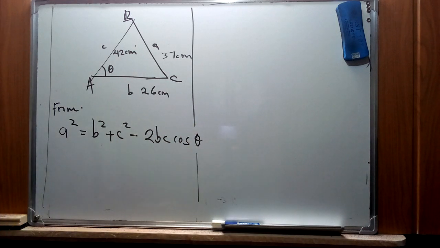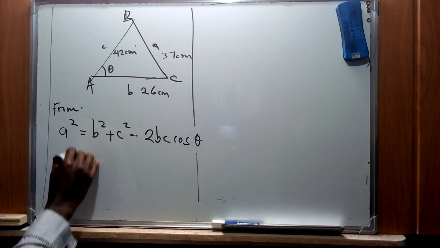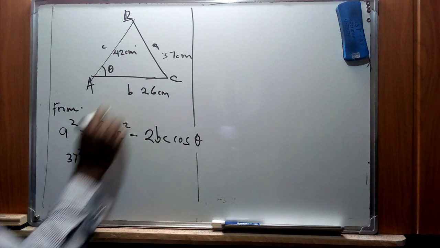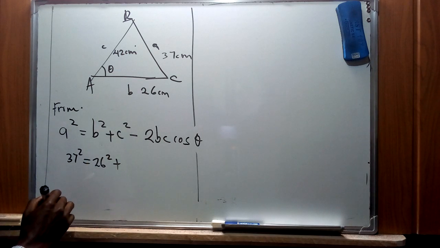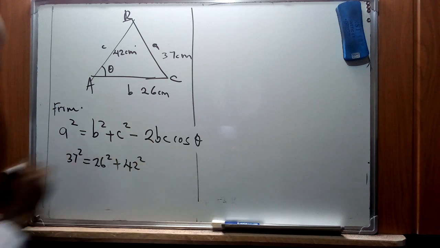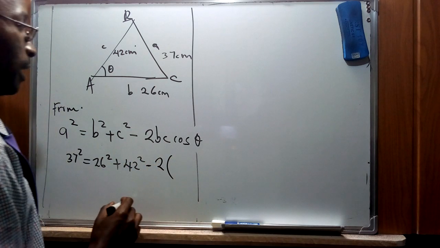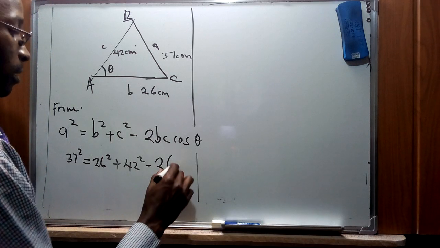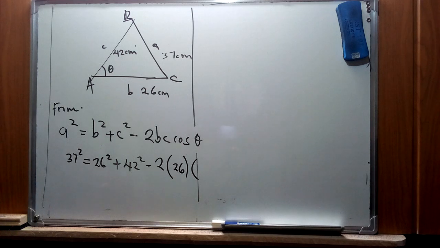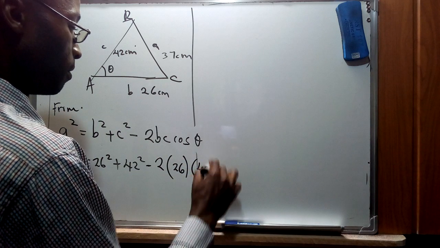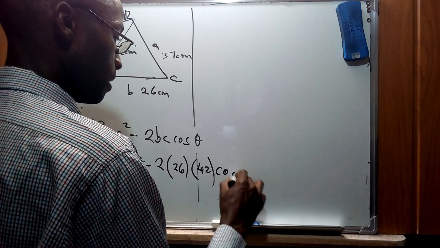So by doing a substitution, we're going to see that a squared, 37 squared, equals b squared, 26 squared, plus c squared, 42 squared, minus 2 into 26 into 42 and then the cosine of theta.